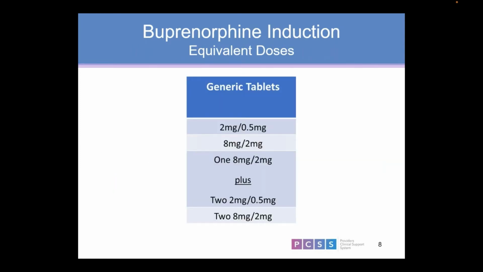All right. So all the products are roughly a 4-to-1 formulation. And so these are the generic tablets. It's the same for the Suboxone product, the Zubsolv, Bunavail.